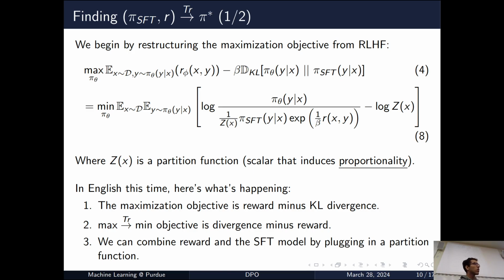And then from that on, we just do math to get to equation 8. So equation 8 is the equivalent of the expectation of reward minus KL divergence. Yes, it's exactly the same, just represented a bit differently.